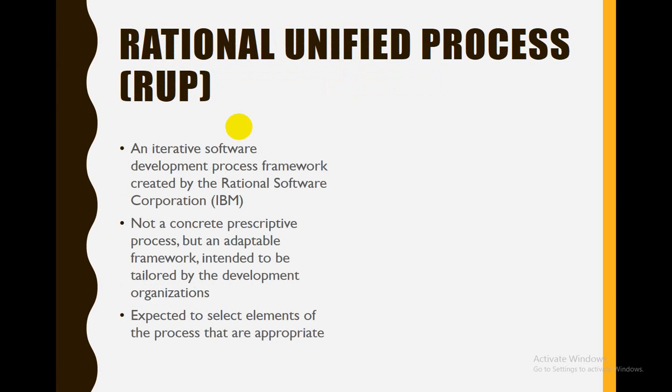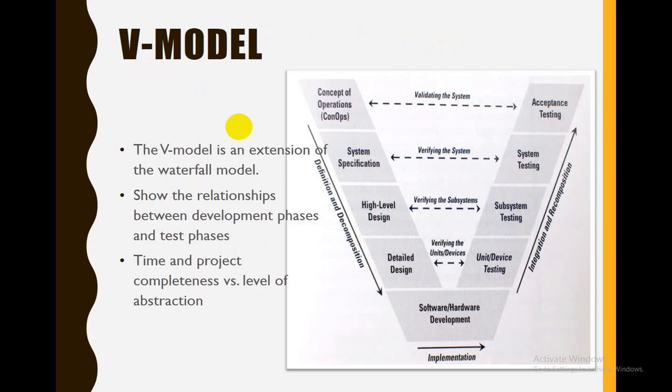Okay. The RUP model came in very handy from IBM. Generally, big companies go for the RUP model. Smaller companies generally go for the feature-driven approach, or the V model I'm about to show you.